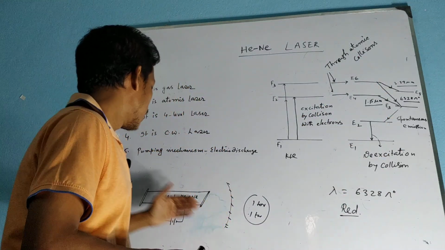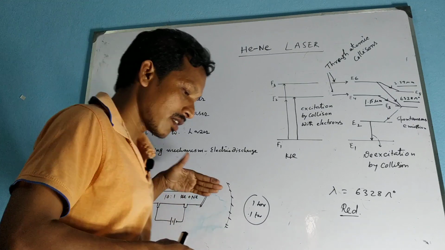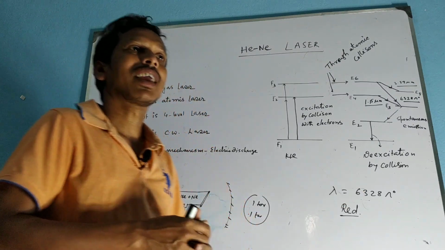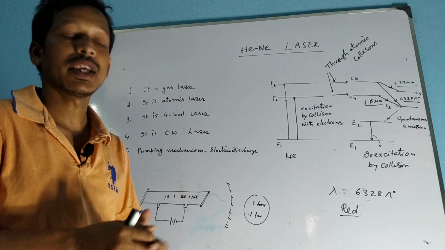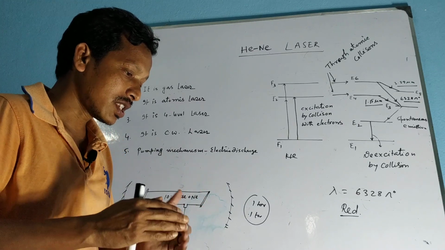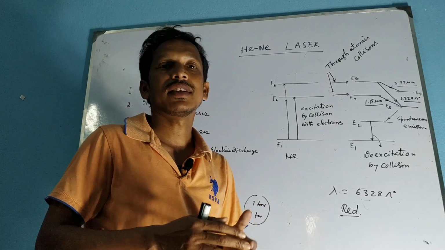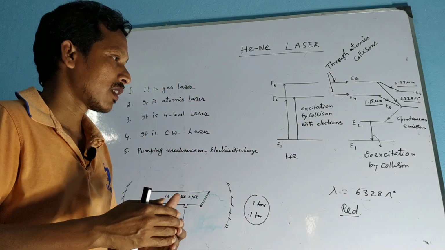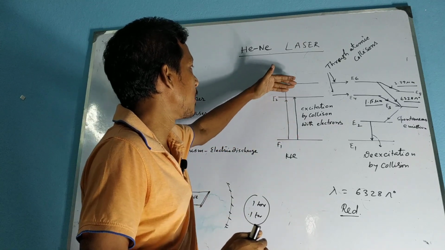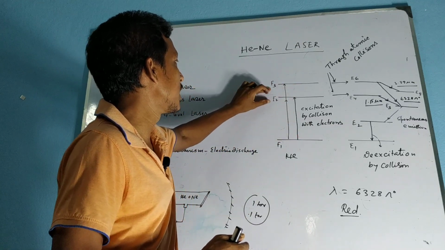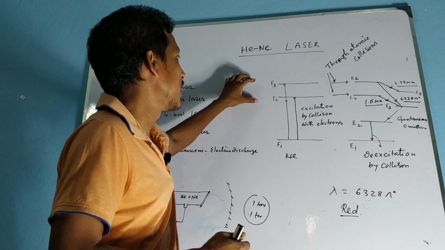Since helium is lighter than neon, helium atoms are easily excited to their metastable states. F2 and F3 are the metastable states of the helium atoms.